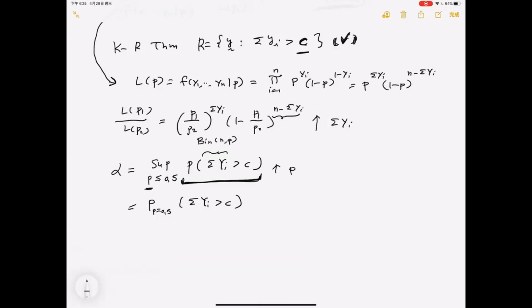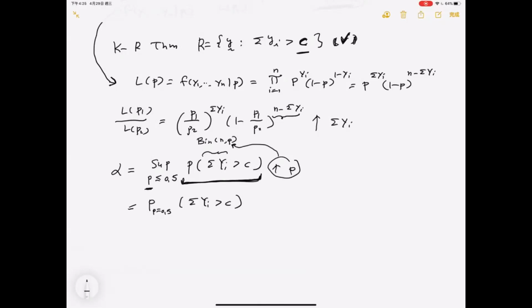When your p increases, what does that mean? It means p increases toward 1, the boundary of the largest one, where p is 1. So when p increases, it is more highly likely you get y equals 1, isn't it?